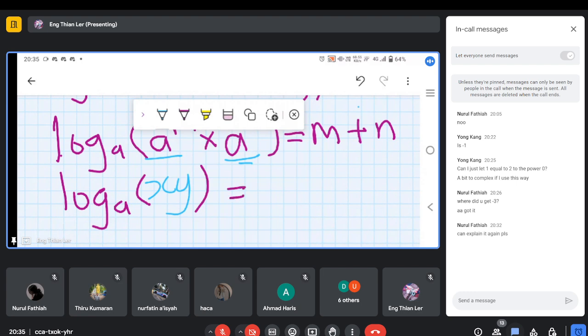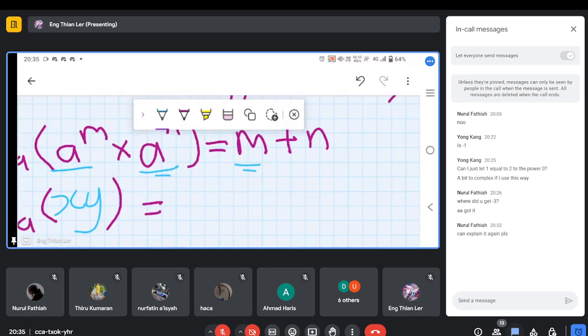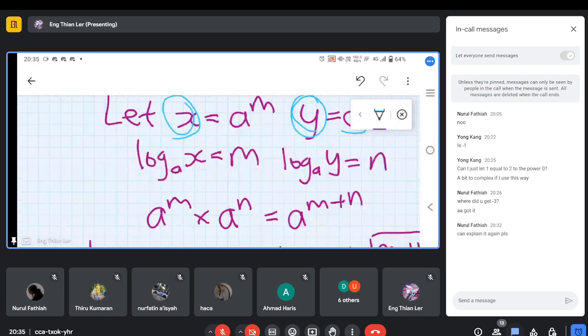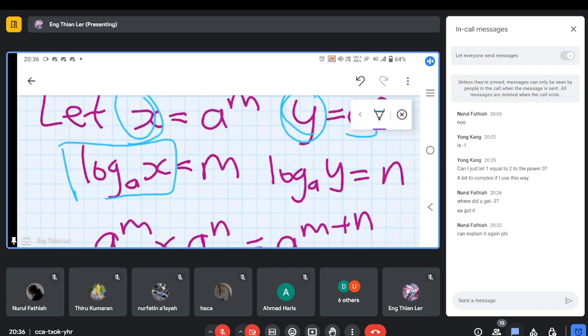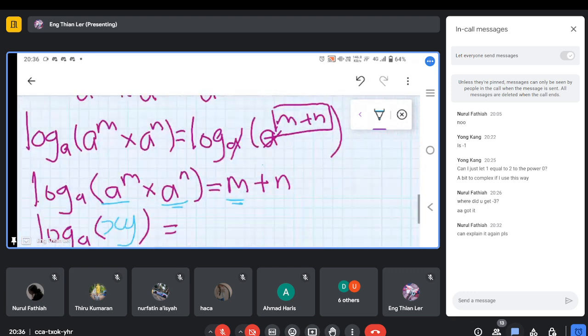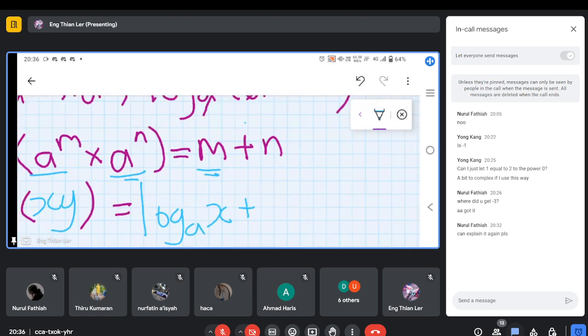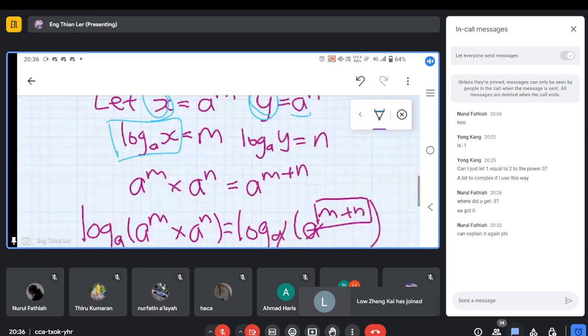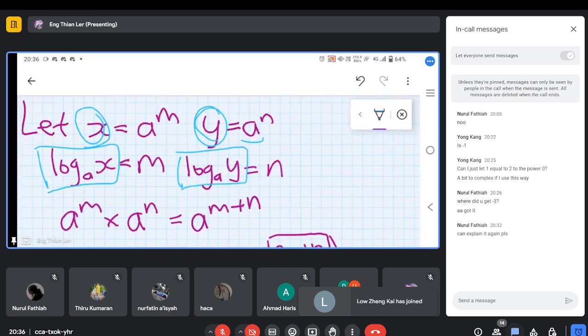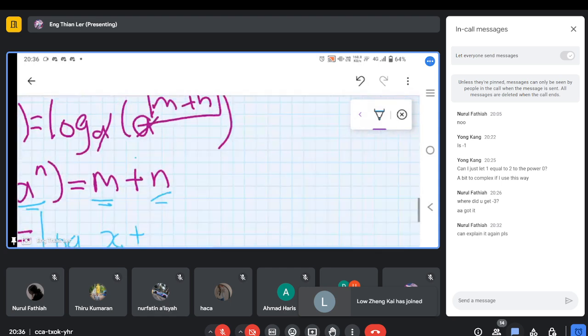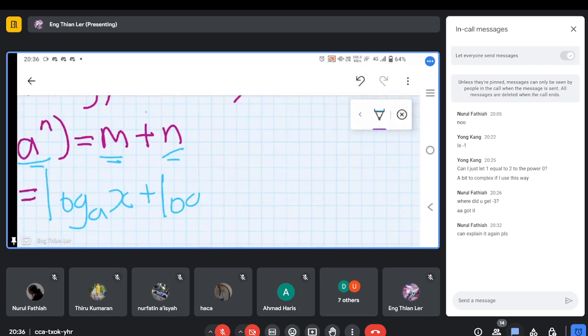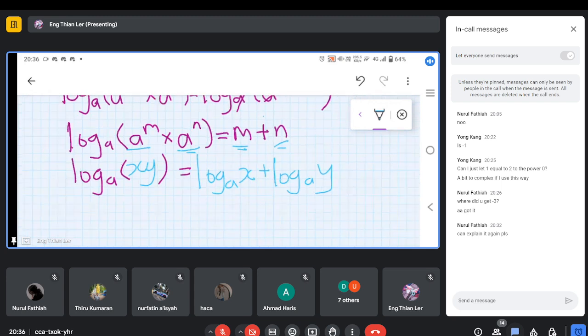And look at the m plus n. What is m again? Look back, it is log x base a. So this is log x base a plus n. What is n? When we look back, it is log y base a. So you prove it again.